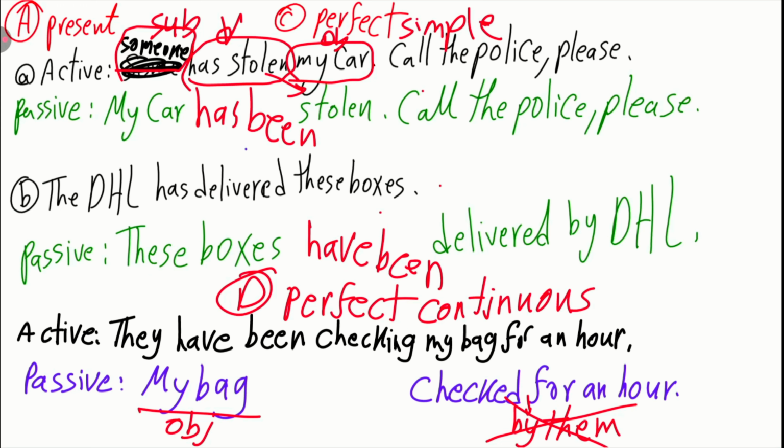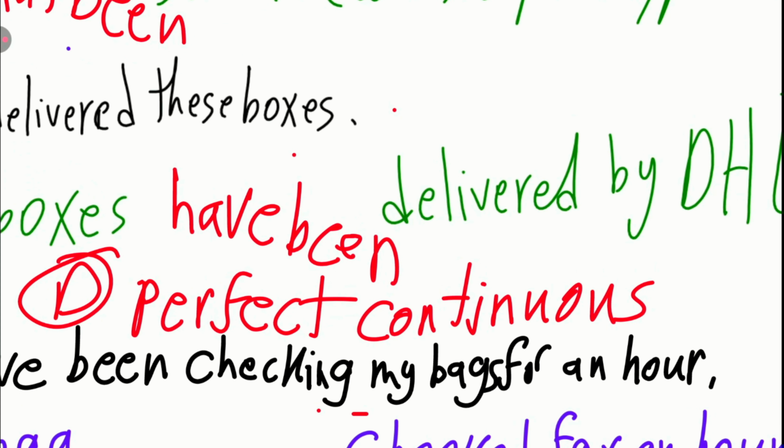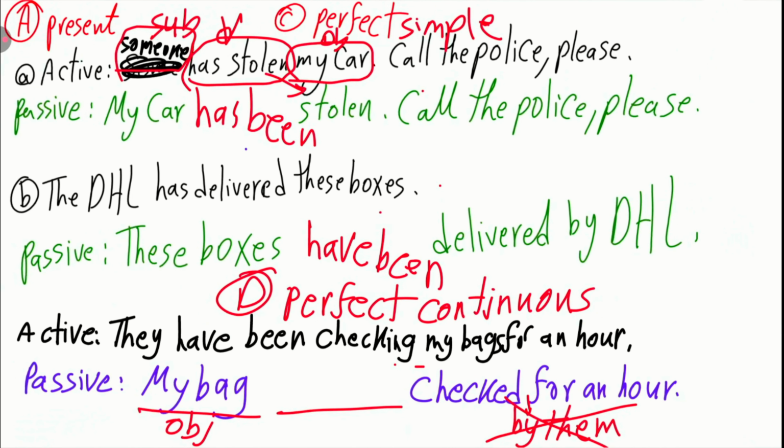Now we continue for verb to be here, my friends. As you see, my bag, one bag has, and of course to show that we have being, and we have verb to be, been. Has been, being. If the sentence was they have been checking my bags, let me add the S here, so it's plural now.